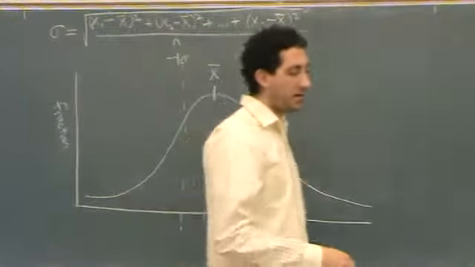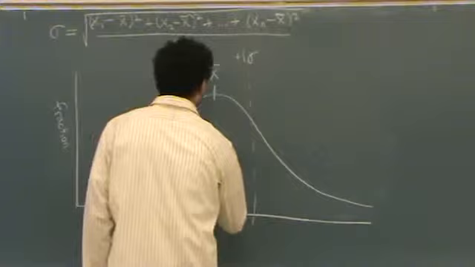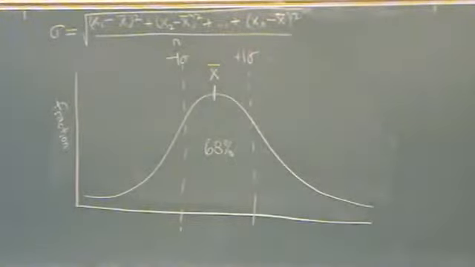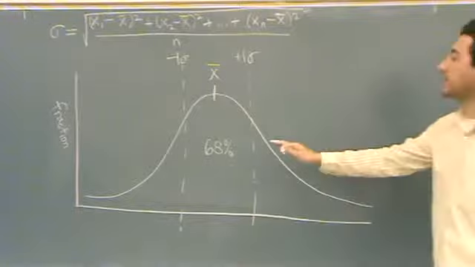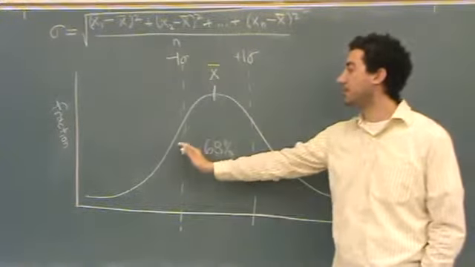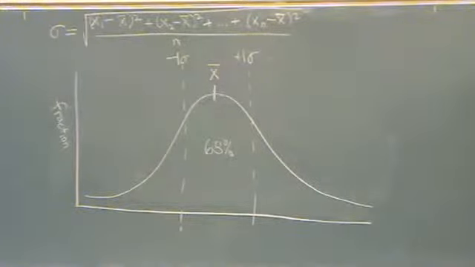Okay? Now, the percent of students that lie in this range will be approximately 68% of the total. So most students lie between 1 standard deviation above and 1 standard deviation below the mean. That's where you're going to find the majority of the students.